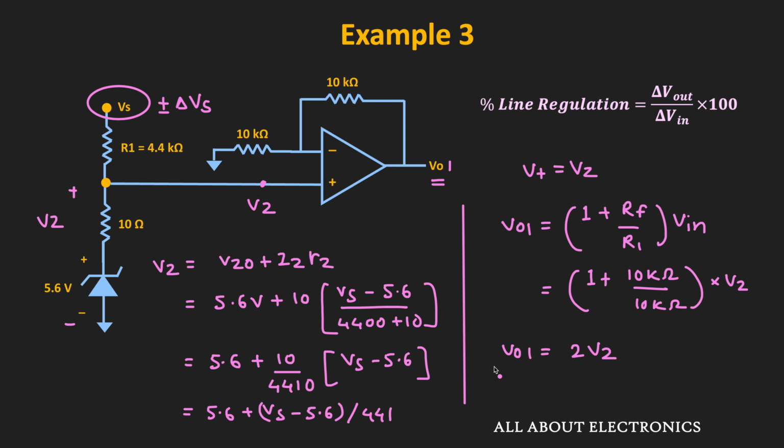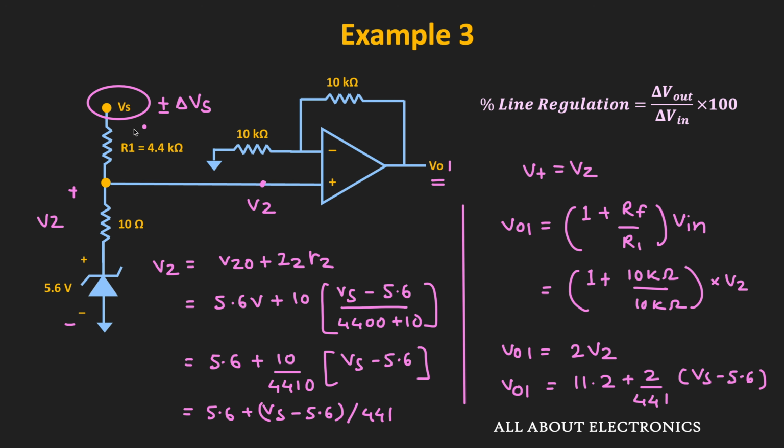So if we see the output voltage Vout, then that is equal to 2 times Vz. That means simply this equation will get multiplied by 2. That means we will have 11.2 plus 2 divided by 441 times Vs minus 5.6. So that is the output voltage and the supply voltage is equal to Vs.